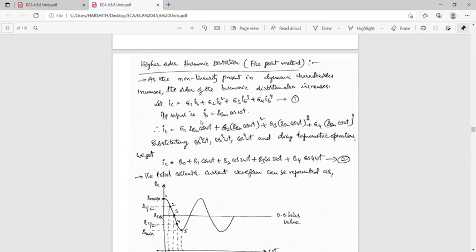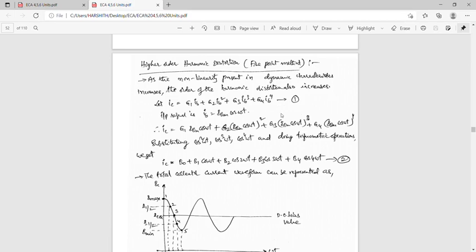Substituting the input signal IB equals IBM cos omega t, we get IC equals G1 IBM cos omega t plus G2 IBM cos square omega t plus G3 IBM cos cube omega t plus G4 IBM cos 4 omega t.